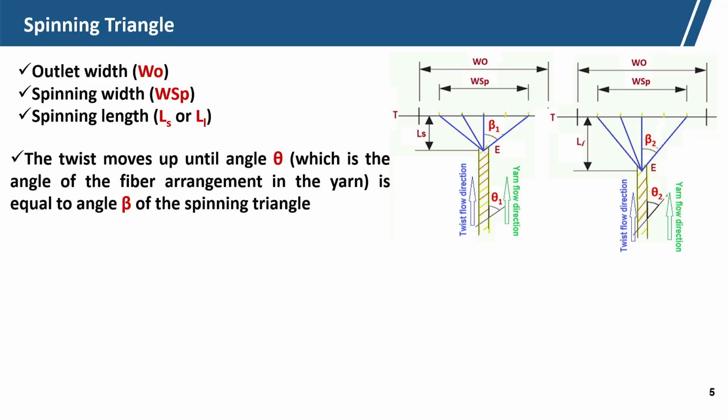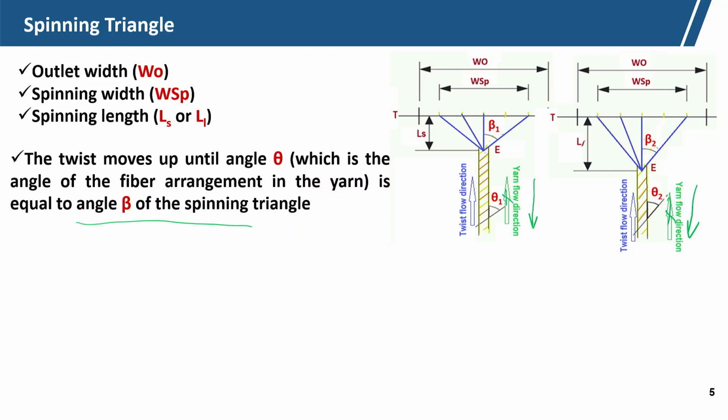Twist moves up, yarn flow direction, until the angle theta, which is the angle of fiber arrangement in the yarn, that is the twist angle, is equal to the angle beta of the spinning triangle.